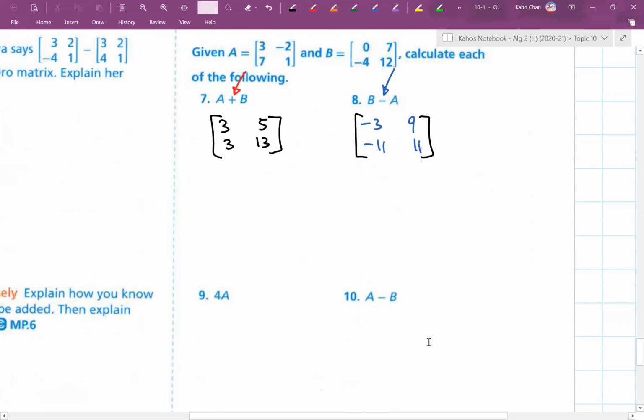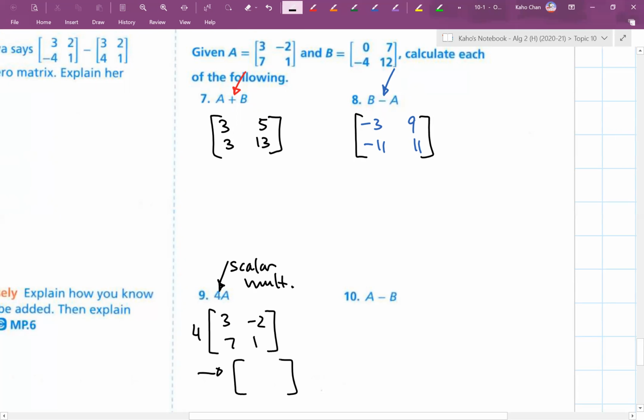Multiplication for number 9. Look up when you're done. Do mental math. We're multiplying everything by 4. Which happens to be the scalar multiplier, yeah. And you're welcome to write it out, of course. You don't have to do everything by mental math. Yay. So far, so good.